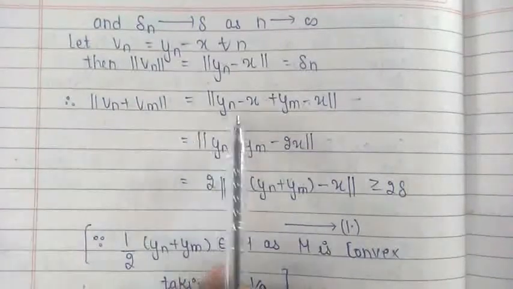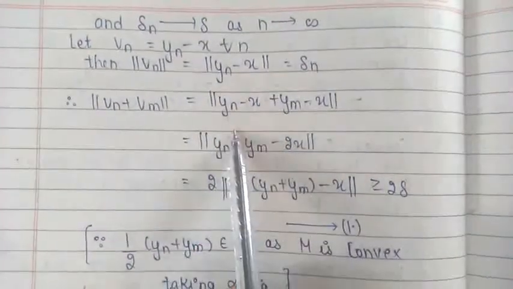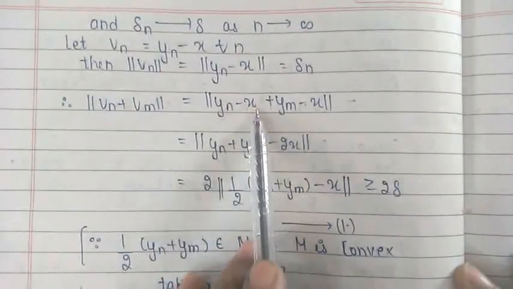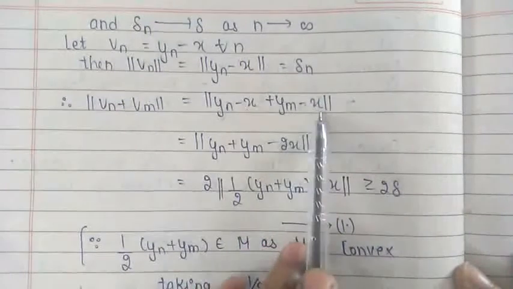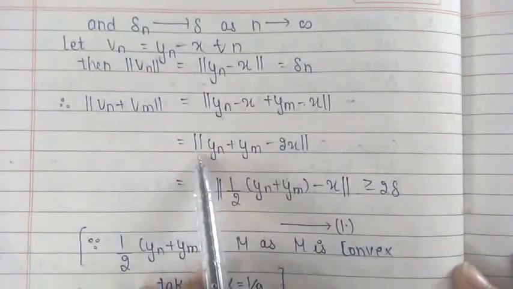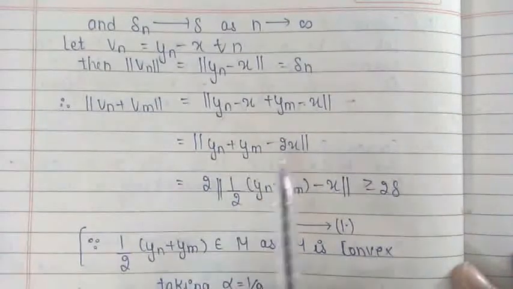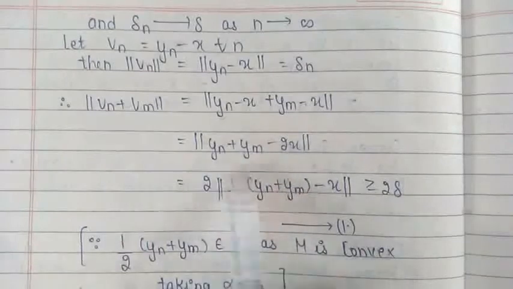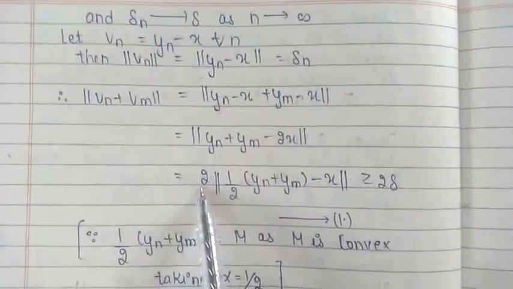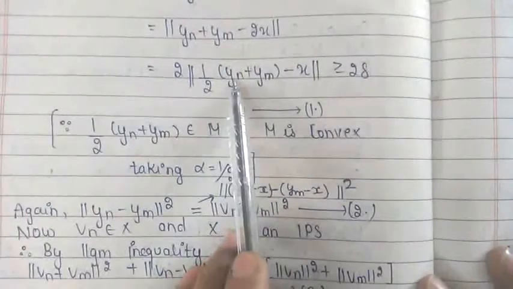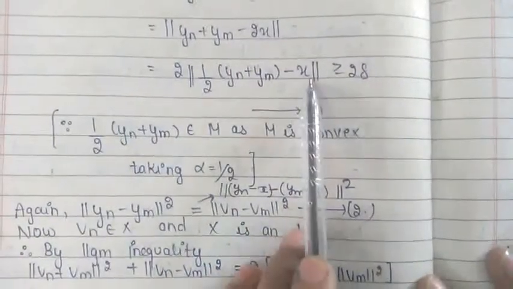Vn is yn minus x, Vm is ym minus x. Substituting the values, this becomes the norm of yn plus ym minus 2x. Now we can take 2 common from this norm. Taking 2 common, inside we are left with 1 by 2 times yn plus ym, minus x.